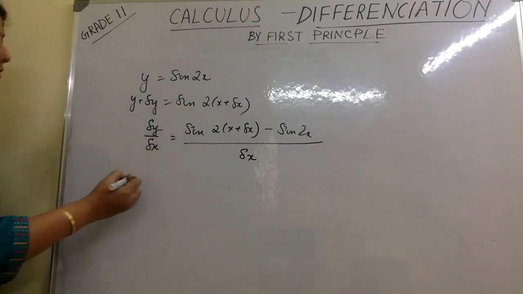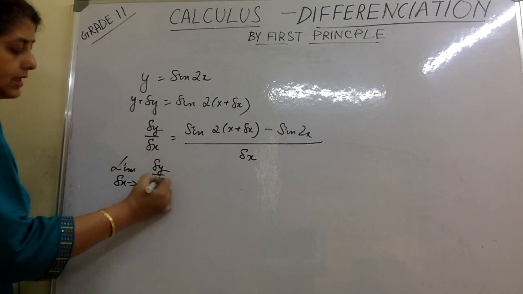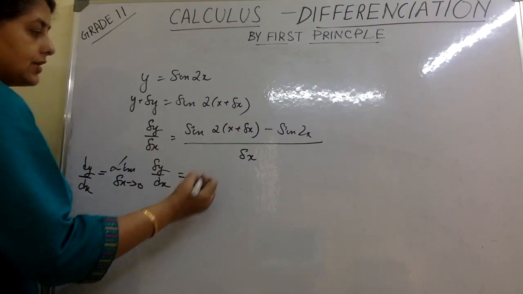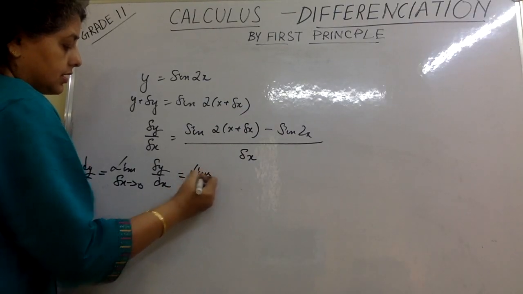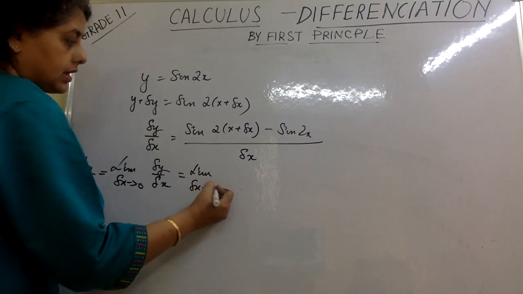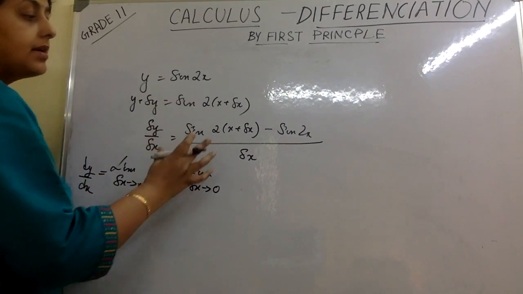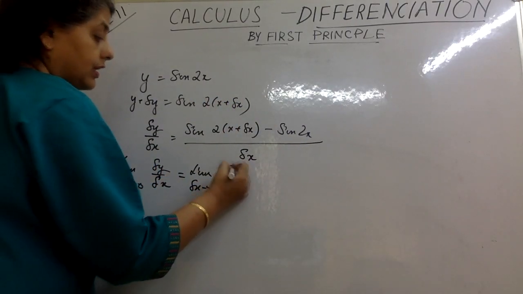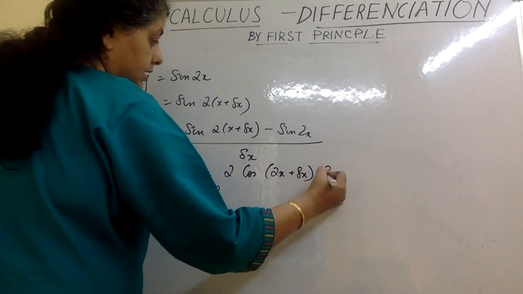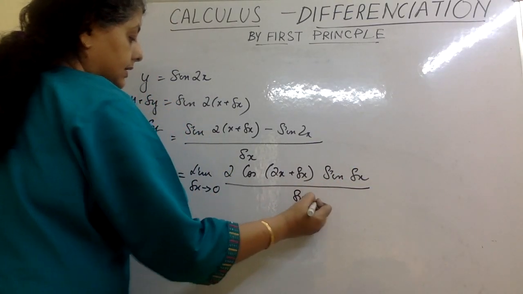Limit del x tends to 0, del y by del x, you can write dy by dx here also, then you save some time. Here we are going to use the formula of sin A minus sin B. So what we get is 2 cos of 2x plus del x, times sin del x, by this del x.